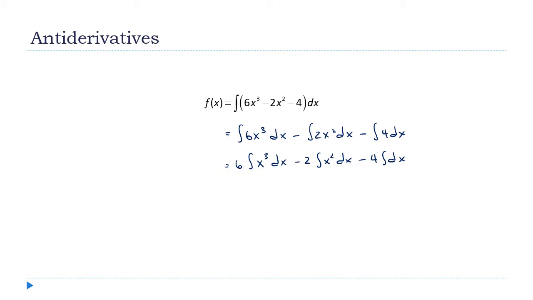Now we can apply our power rule. This is 6 times x to the 4th over 4, minus 2 times x to the 3rd over 3, minus 4. Remember, we talked about this one before: the integral of dx is just x. Now I just have some cleanup to do. Reduce the fractions: this is 3/2 x to the 4th minus 2/3 x to the 3rd minus 4x.